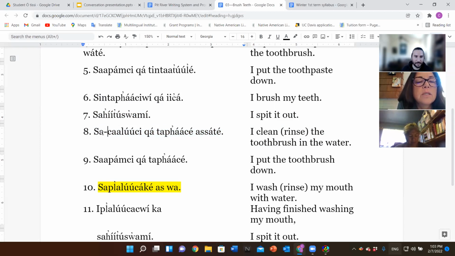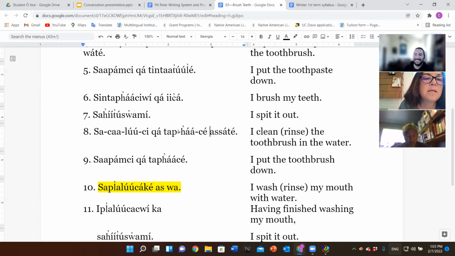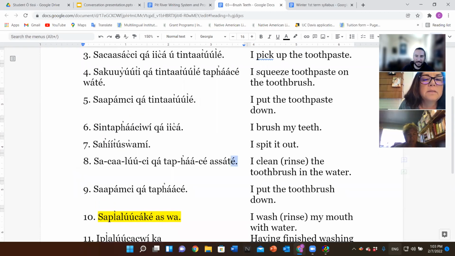Sajaluji. Gadap hajui. And then usade. Looks like asade, but it's not. It's usade. So this ade on the end is the same as this here, it means the location: in, on, at.